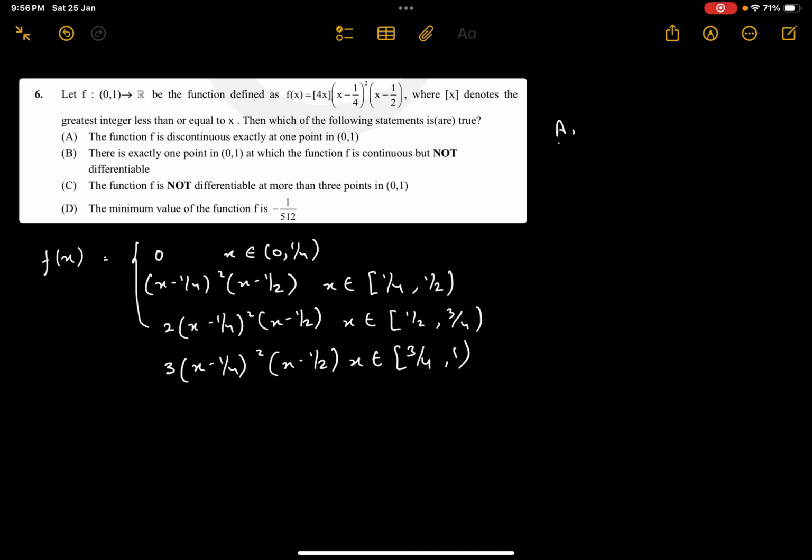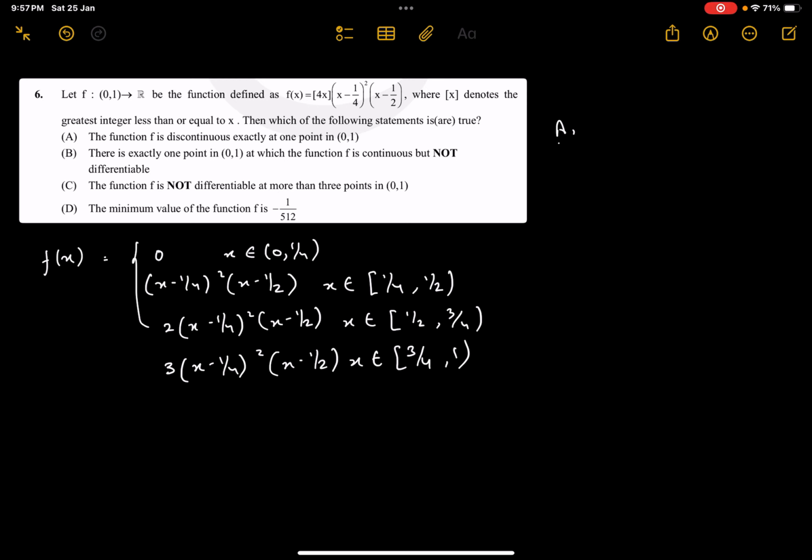Then, exactly one point at which the function is continuous but not differentiable. So again, with this option, the points of interest are the endpoints of these subintervals. At 1 by 4 the function is constantly 0, so the left hand derivative at 1 by 4 would be 0.